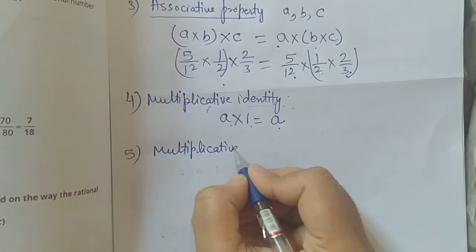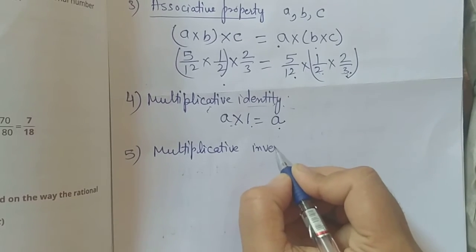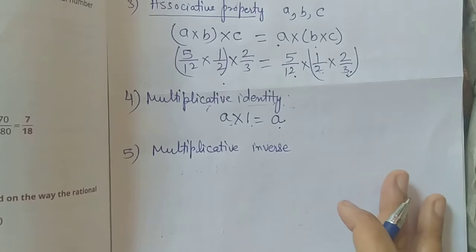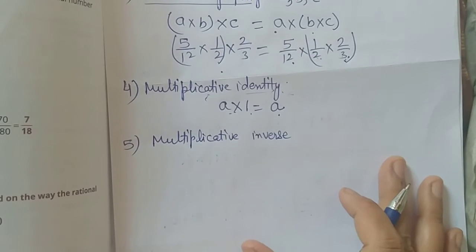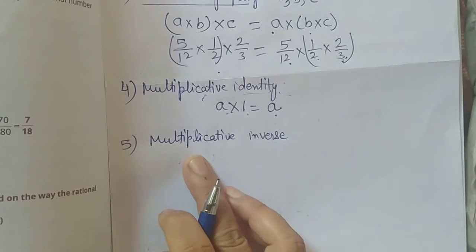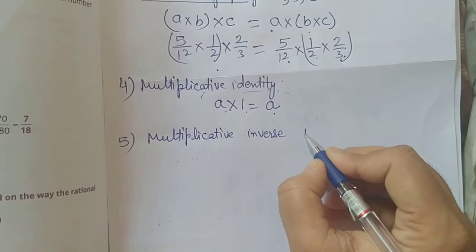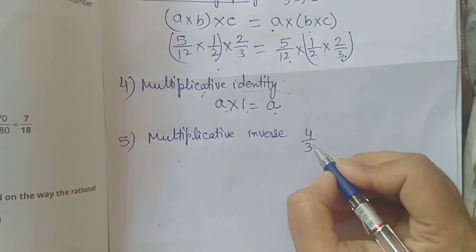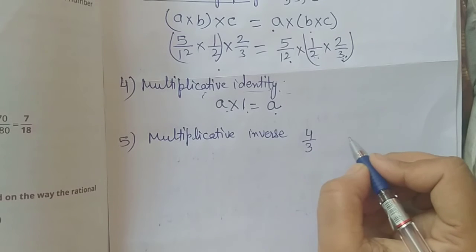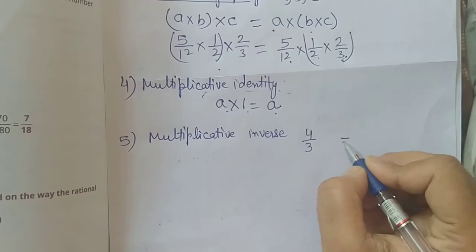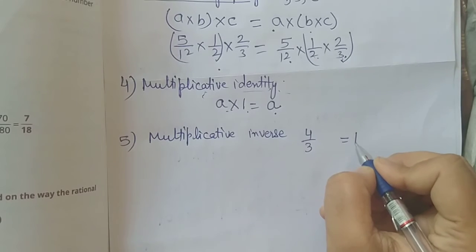Next is multiplicative inverse. So like addition, the same inverse property is also in multiplication. For example, we have the number 4 upon 3. Then by which number should we multiply it so that the answer is 1?